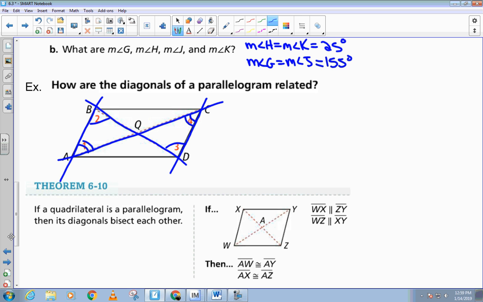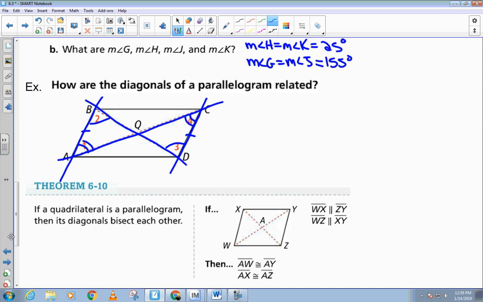You said the two triangles are congruent, but how? Where's the side? Well, the vertical angle, that would work. And the sides, how do we know that? We know that they're congruent, but why?